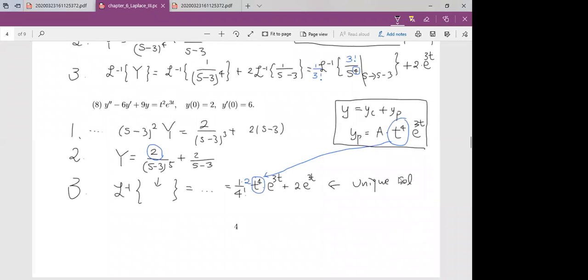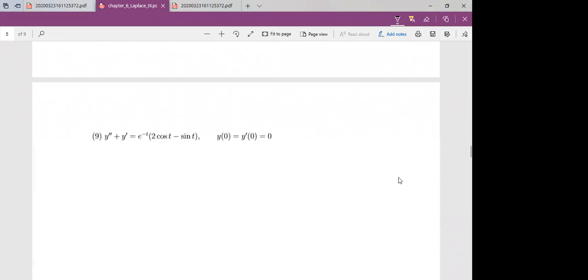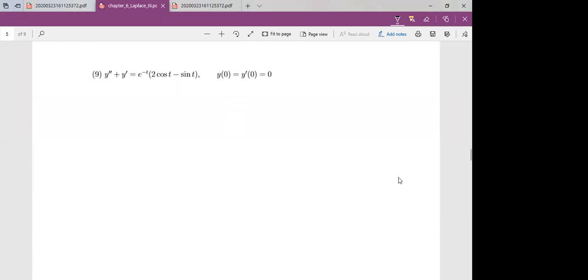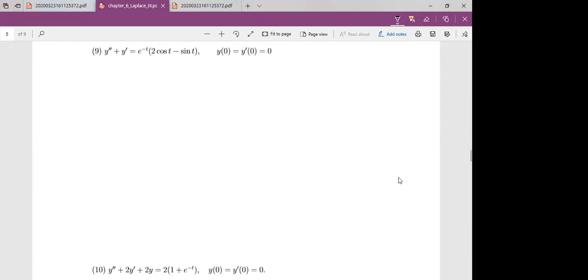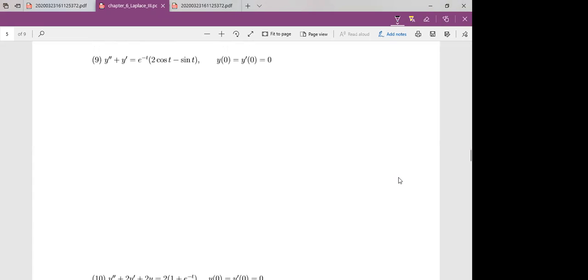All right, and then one more. Problem 9. This is a really good problem. We need to solve this very carefully. Look at this right-hand side. It's a very long function, e to the something, and trig functions.